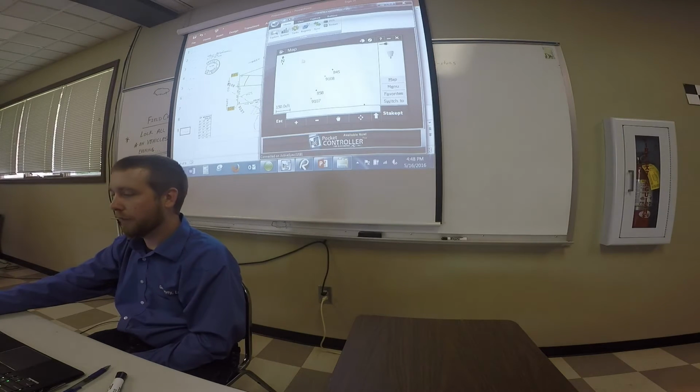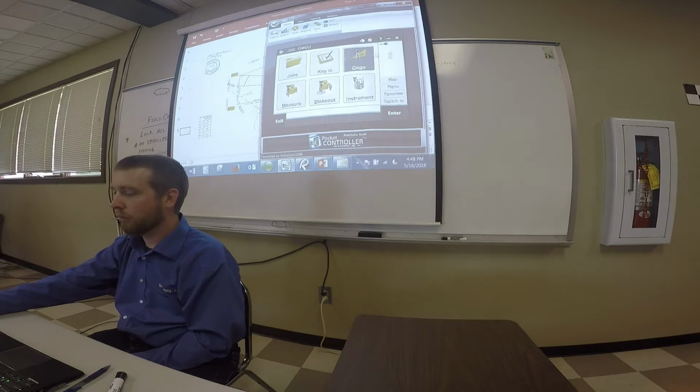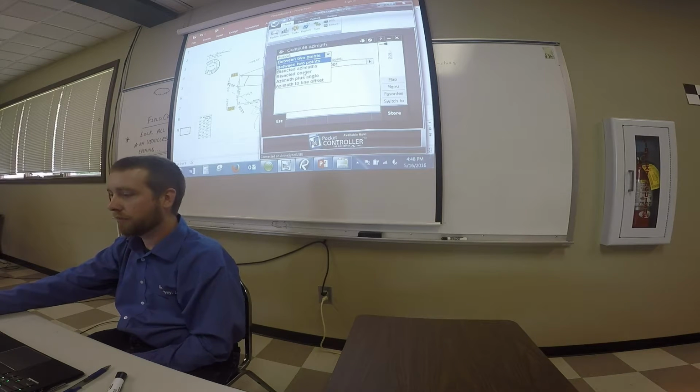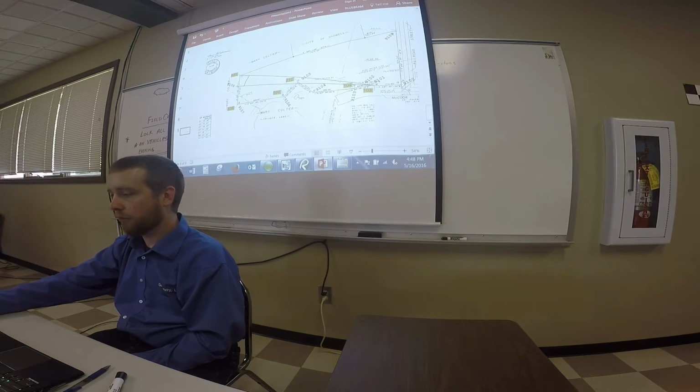So we'll go back to our data collector. And we'll calculate that angle. Go to COGO, compute azimuth, and we'll go to bisected corner. Now side point 1, this is going to be our line right here, side point 1, 9108.